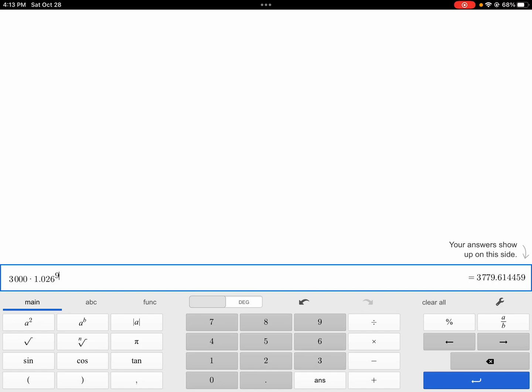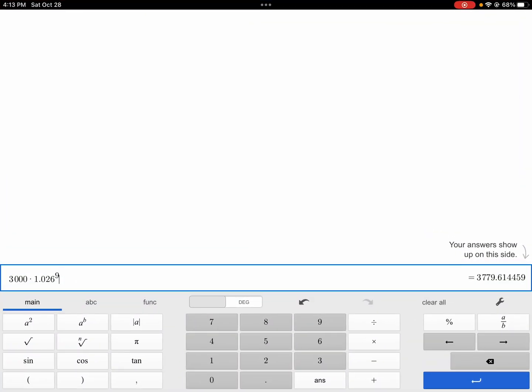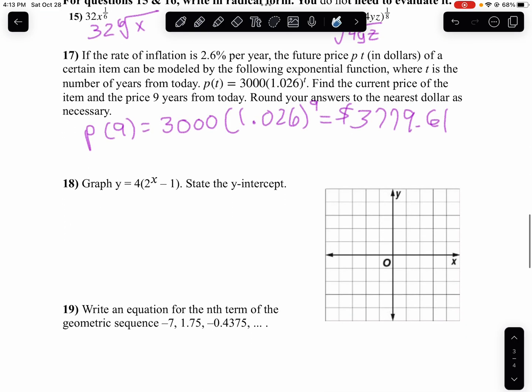So it'd be $3,779.61. Make sure I copy that down correctly. Yep, that's it.